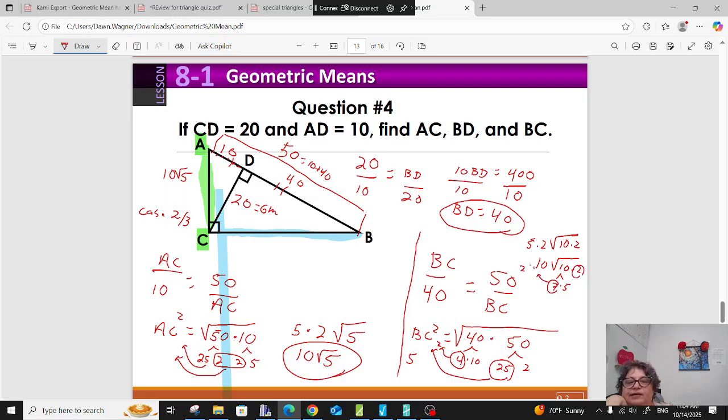What's 2 times 10? 20. And what's left behind? 5. So it's 20 square root 5.